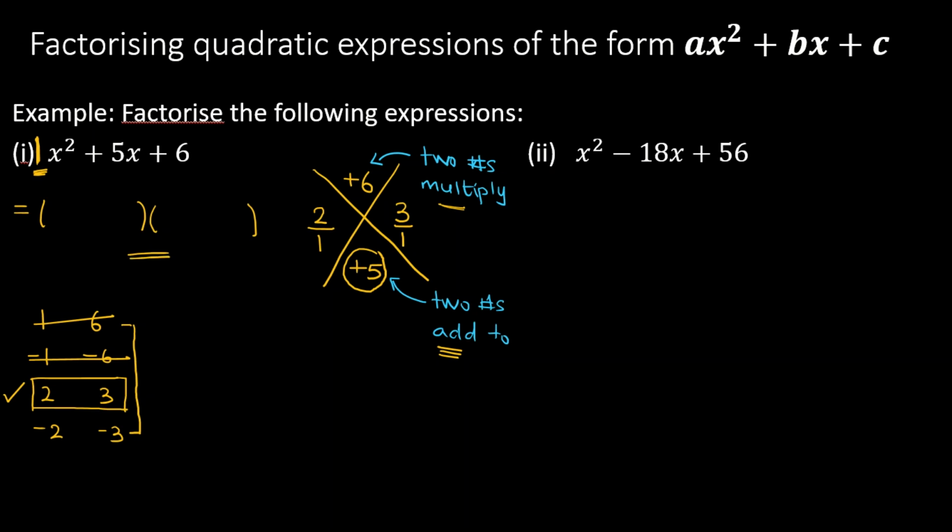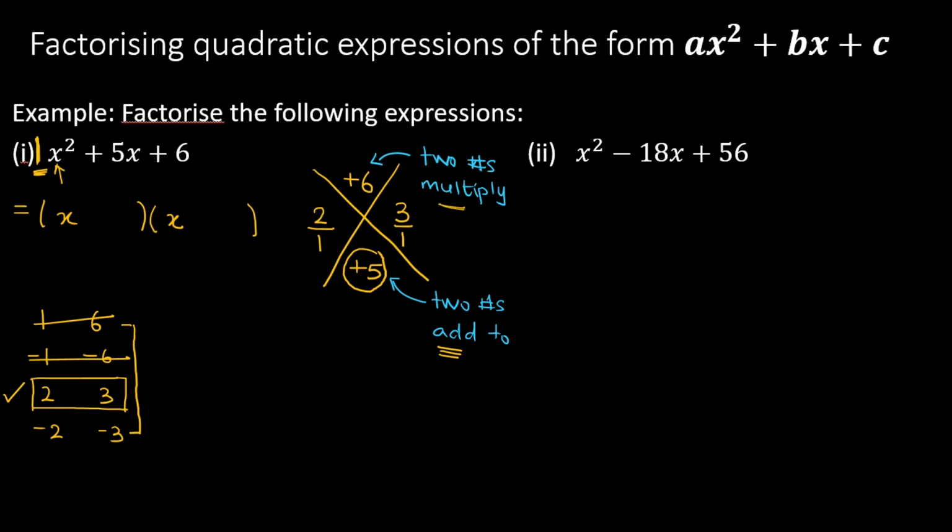Now we fill in the pairs of brackets. You already know, since the leading term is x squared, in both brackets there must be x, because x times x gives x squared.